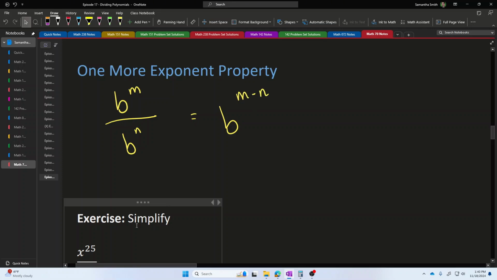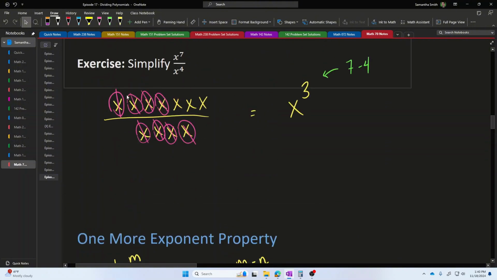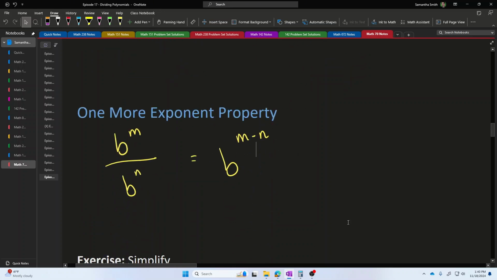Because of the cancellation that happens here, if you have 7 x's in the numerator, 4 x's in the denominator, then 4 of those x's cancel out, and you're left with only 3, 7 minus 4. So that is the reasoning that leads us to this property here.